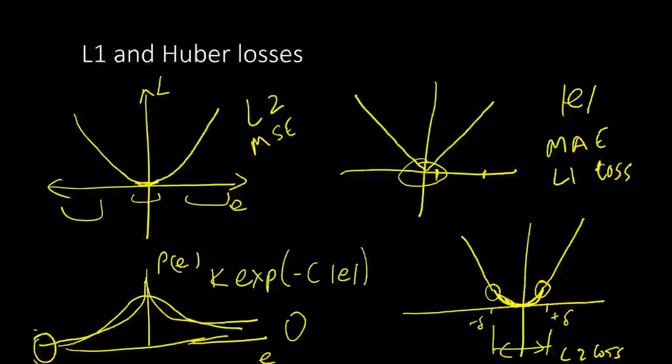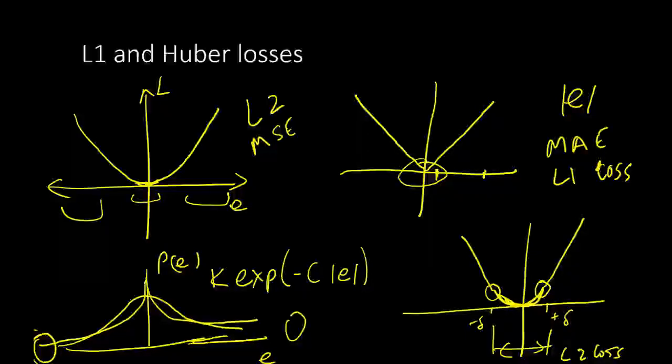Which means that once we enter this trough region, the relatively smaller errors will have almost zero gradient, and those will not have any contribution in deciding the regression equation. The errors that are outside are going to have an increasingly larger gradient, but after a certain error magnitude, that gradient will become constant.